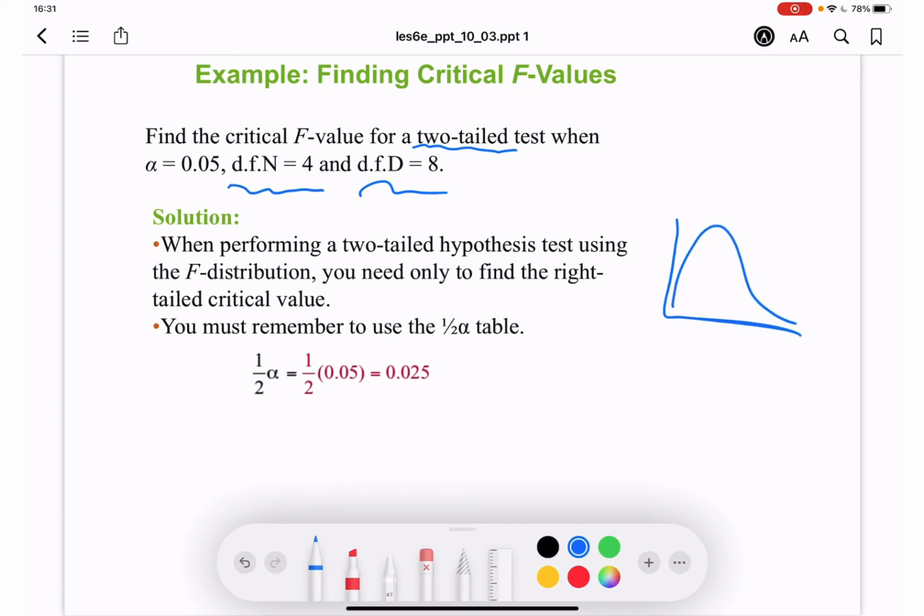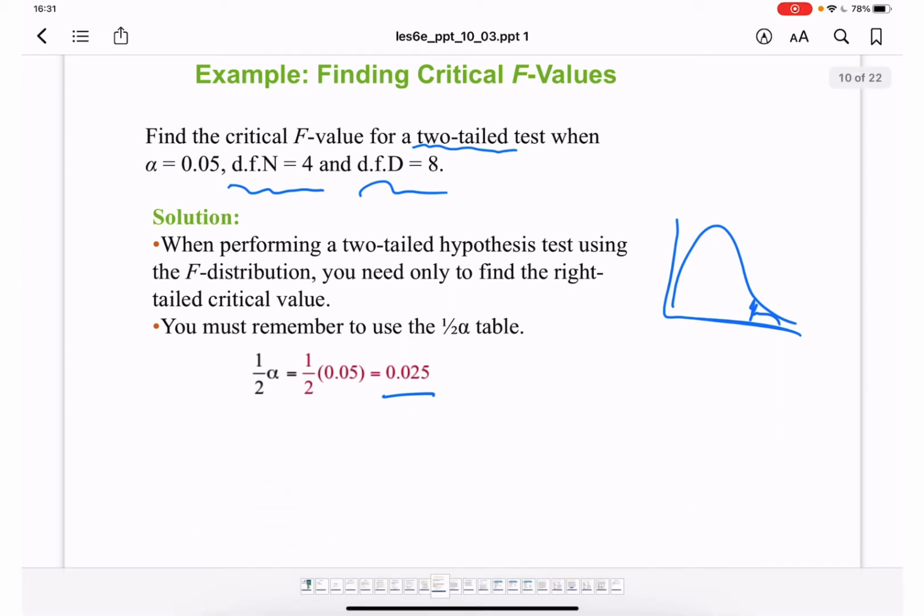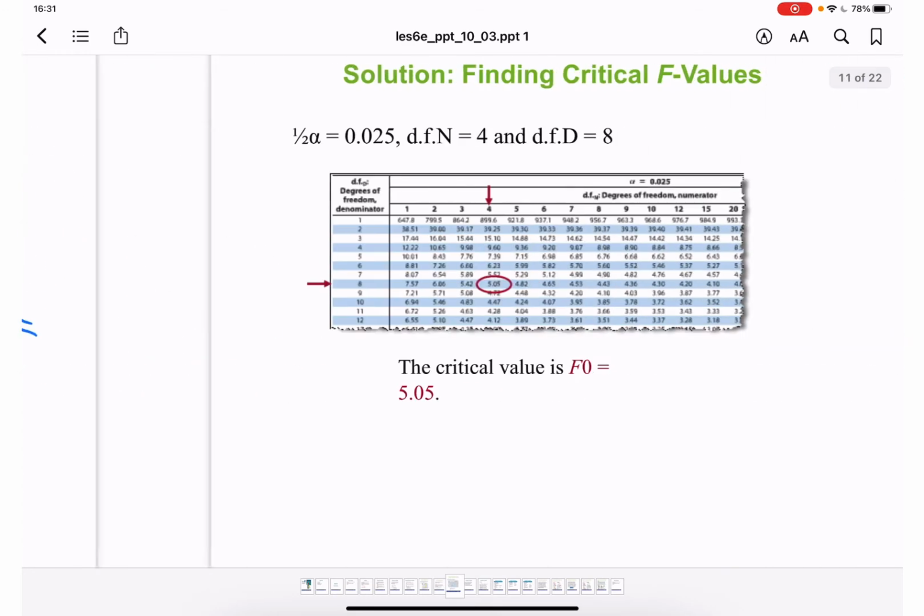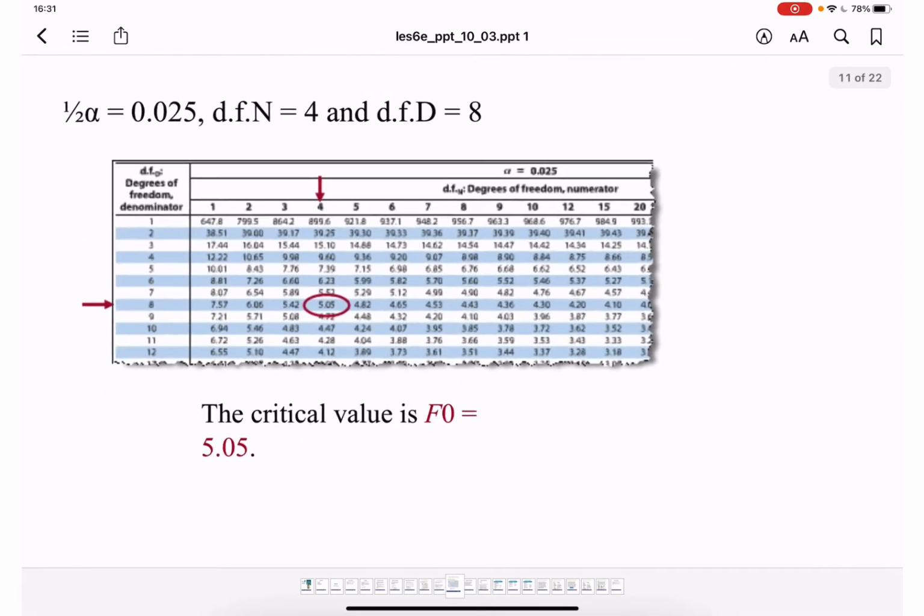Which means if our alpha is 0.05, we are going to split. We have only one tail here, so we split, and we get 0.025. In the case of two tails, as always, we split it, right? Okay, so let me zoom in.